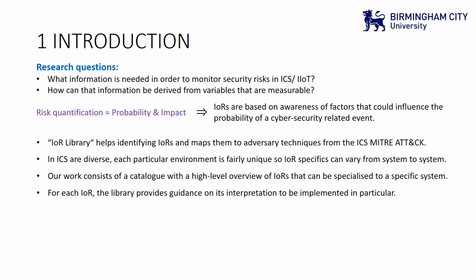As indicators of risk can be very diverse from system to system because ICS have very particular environments in different industries, our work consists of a catalog of a high-level overview of the indicators of risk. Then guidance is provided on the interpretation and how to implement each indicator of risk in particular.